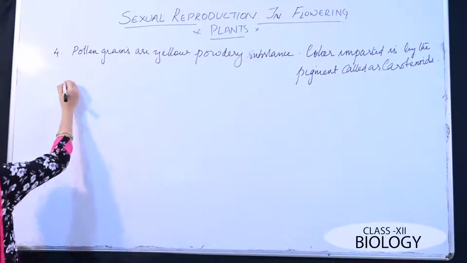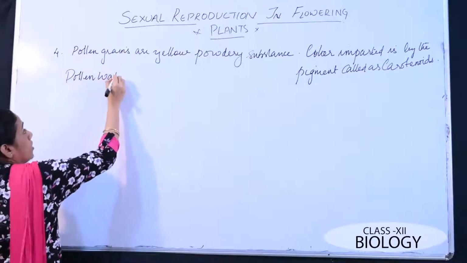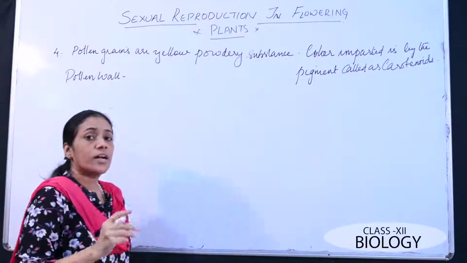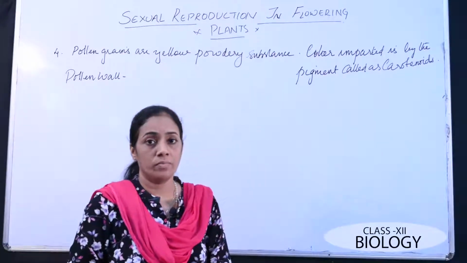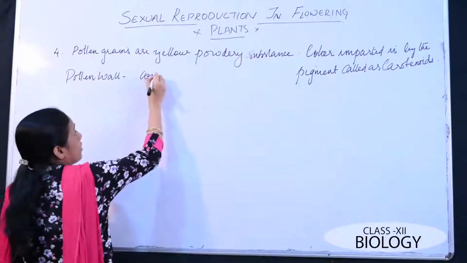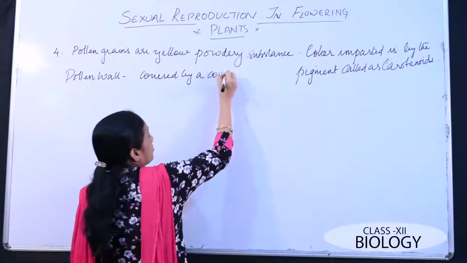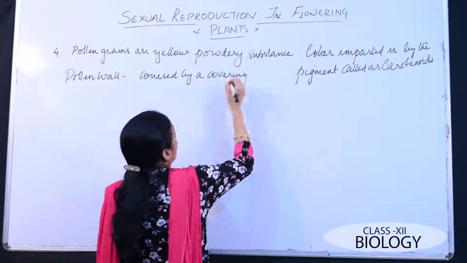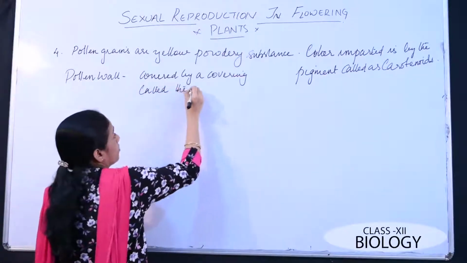Now, the pollen wall, we see that the pollen wall is covered by a covering which is called the sporoderm.